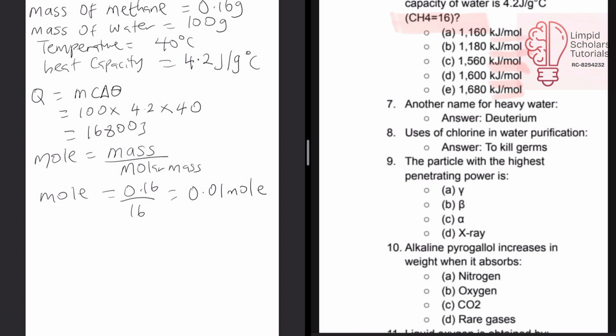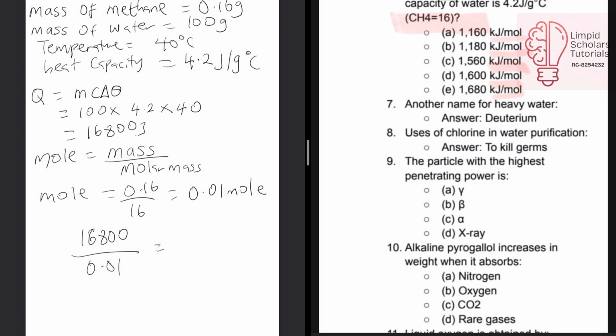So now we're looking for the heat of combustion per mole of methane. What we are going to do is divide this heat energy absorbed by water, 16,800, by 0.01. Remember, what we are looking for is nothing but the heat of combustion.